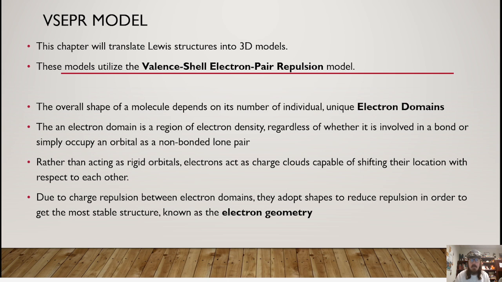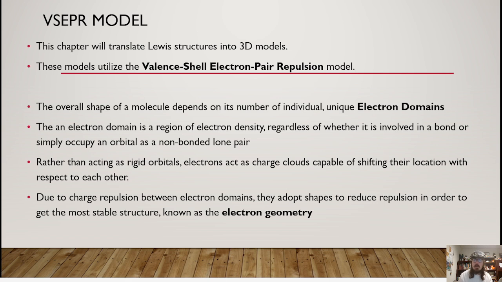So if it's found in an orbital floating as a lone pair, that's going to be a location. If it's found between 2 atoms in a bond, that's its location. So it does not care whether this is a bond or lone pair. It's saying this is a region where electrons are located and they can't really move. So we're going to lock them in and base our structure on the number of electron domains.